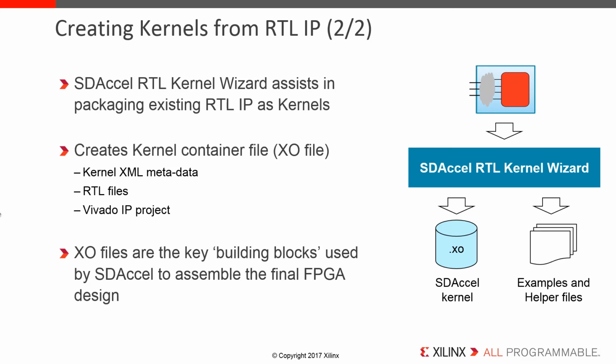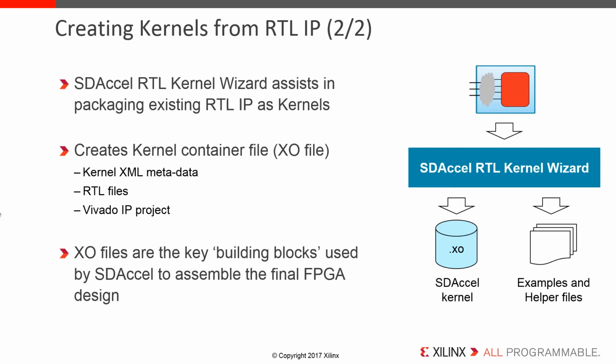To facilitate the RTL kernel design and packaging process, SDAccel features a special wizard guiding the user throughout the interface definition steps. The output of the packaging flow is an XO file. This is a container file which includes all the information needed by SDAccel to use the kernel.